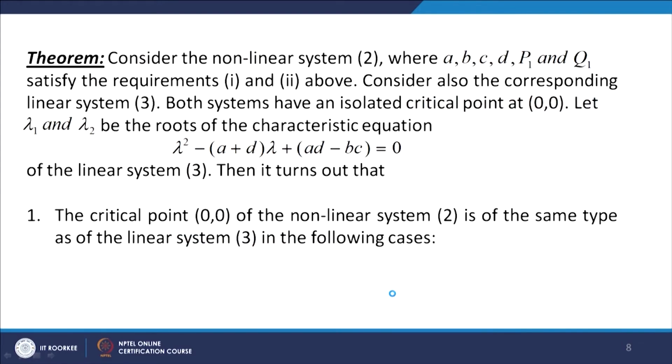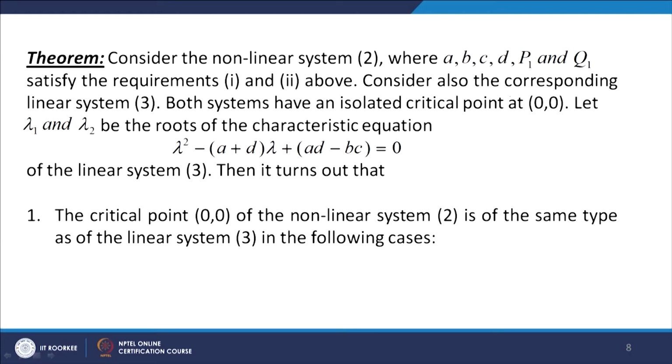Consider the non-linear system 2 where a, b, c, d, p1 and q1 satisfy the requirements 1 and 2 above, that is, ad minus bc is not equal to 0, p1(x,y) and q1(x,y) have continuous first order partial derivatives, and p1 over under root x square plus y square and q1 over under root x square plus y square tend to 0 as (x,y) tends to (0,0).